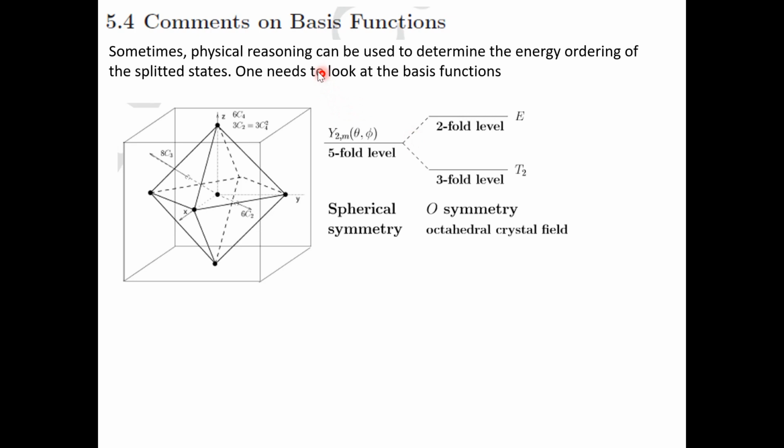So what I'm going to discuss now is that in some cases, using some simple reasoning and looking at the geometrical shapes of the basis functions, it's possible to infer which level is going to be lower in energy. Let's use this precise situation as an example. These are the basis functions that we get. For the threefold degenerate T2 level, we have xy, yz, and zx as the three basis functions.